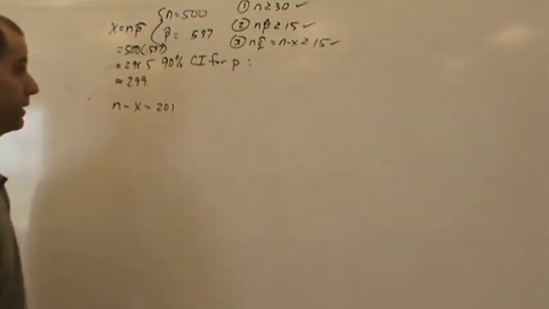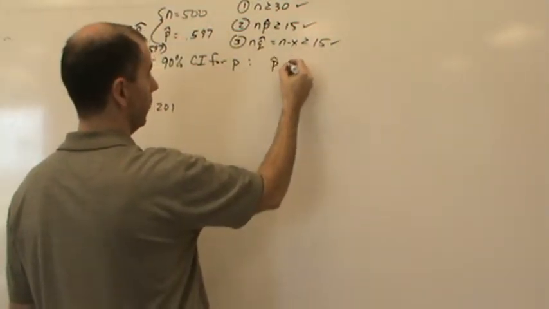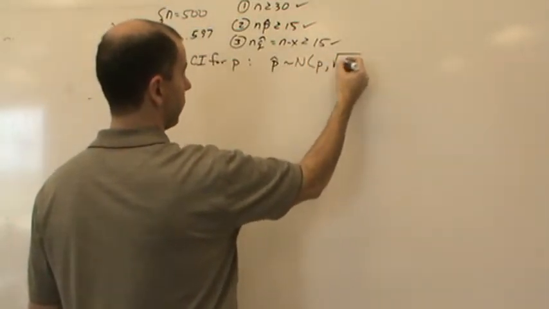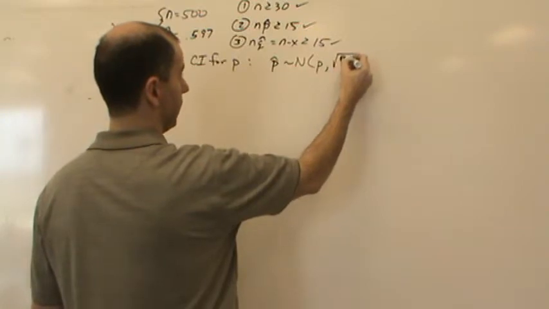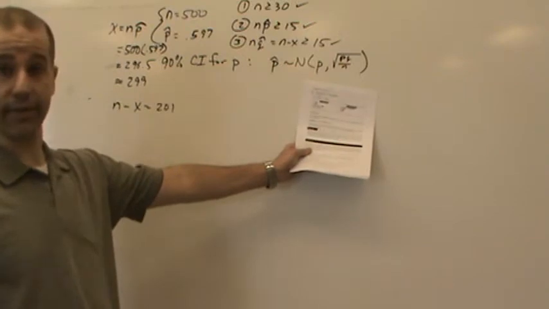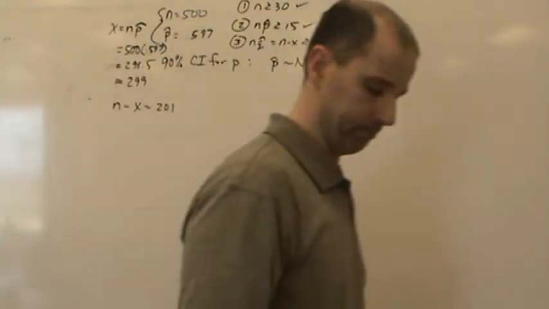So we've got our checks. And what does that tell us? It tells us that p hat is normally distributed with a mean of p and a standard deviation of the square root of pq divided by n. So just keep that in mind.